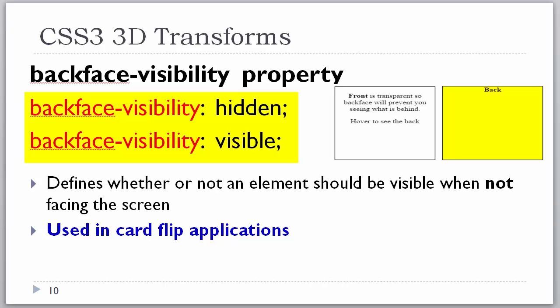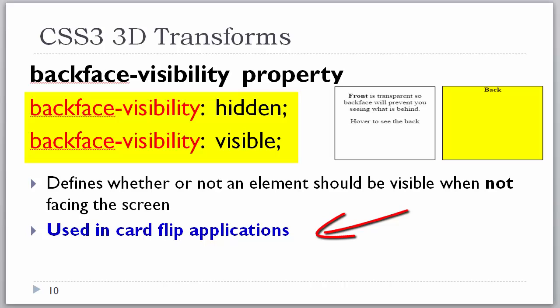You may have seen it, where you can hover over something and it flips around and you can see the back of it. It's really not the back of it, it's another container, but it simulates a card being flipped over. And if you were to Google this, you might want to Google card flip, CSS.